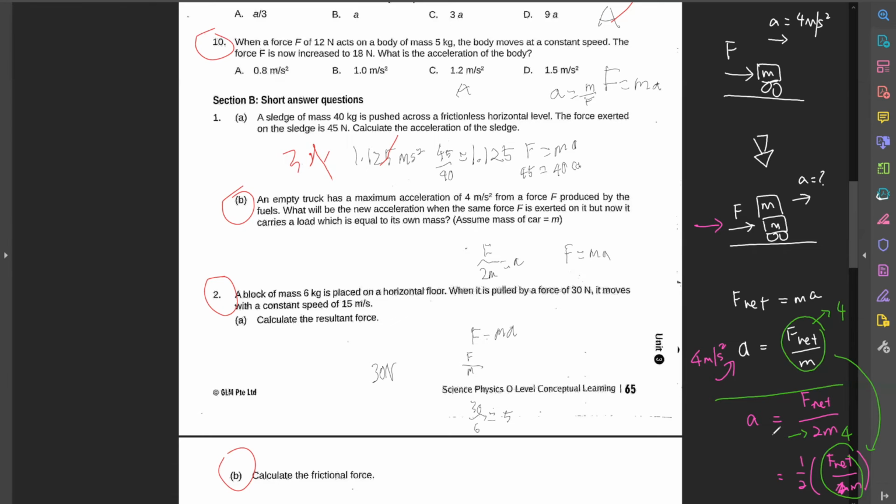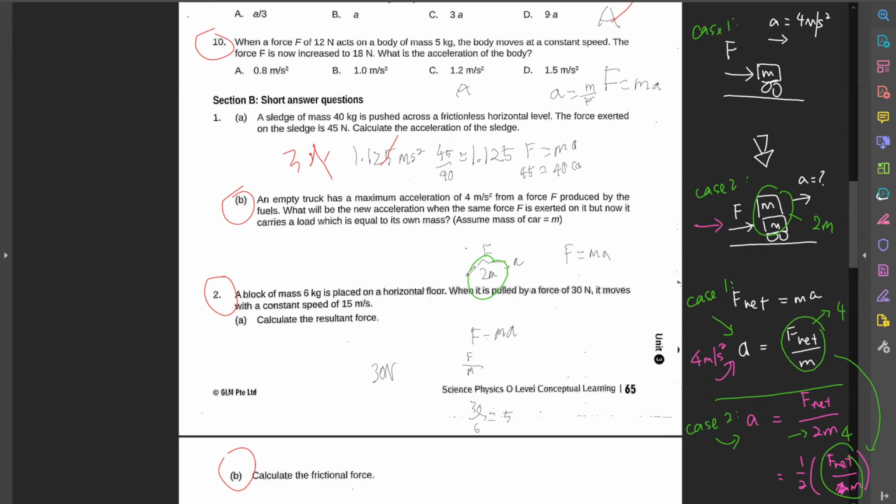So the new case, so this is case 1, this is case 2. From case 1, you get this value. Then they say they want the acceleration for case 2. So I restart and I put case 2, then acceleration is force over mass. Then case 2, you see down here, the mass is 2m. This is what you write down here.